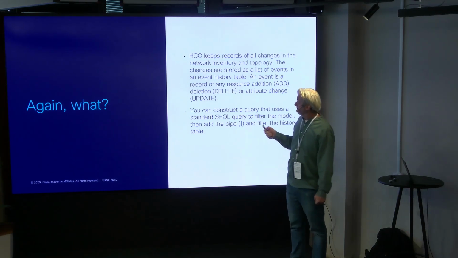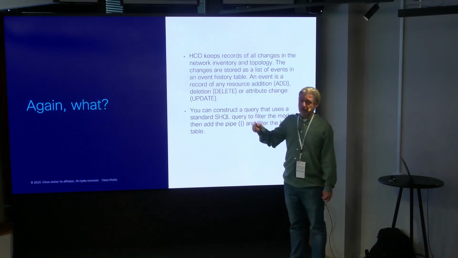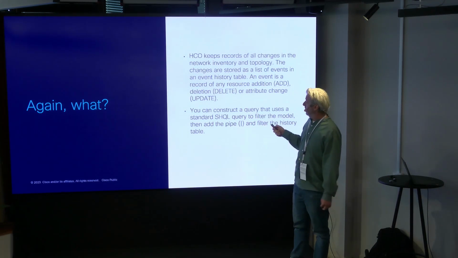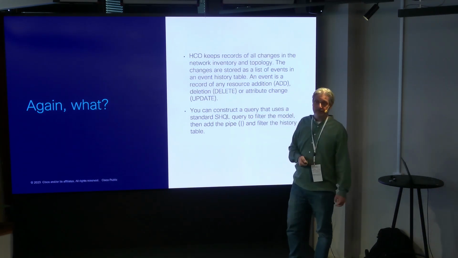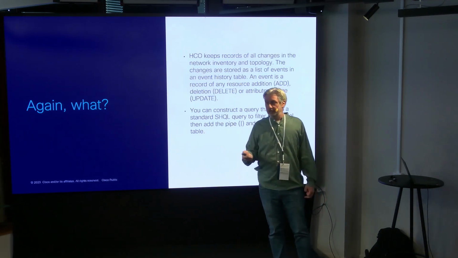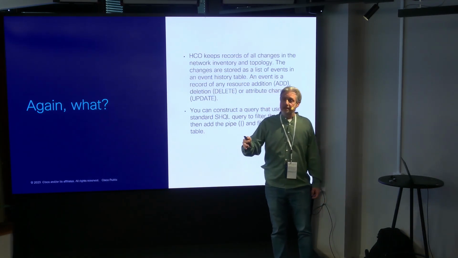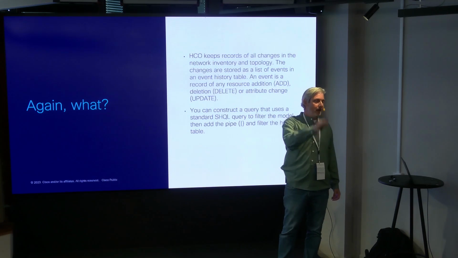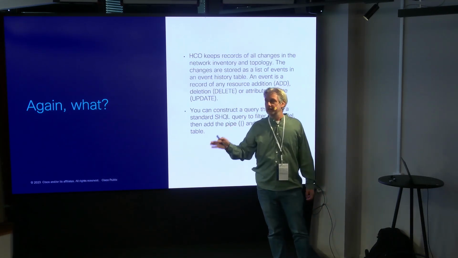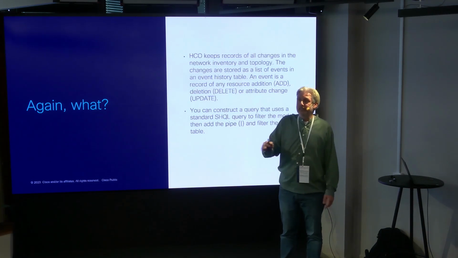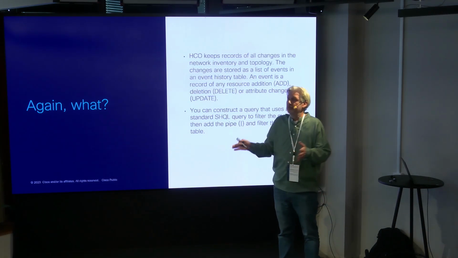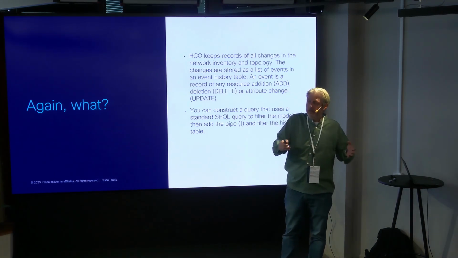Now another thing, we can also use the add, delete, and update action types. Let's say that I know that something was bad during the weekend in my network, but I don't know exactly what had happened, and I don't know exactly when.